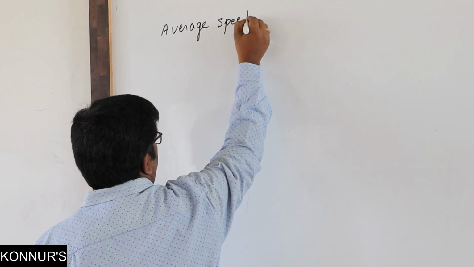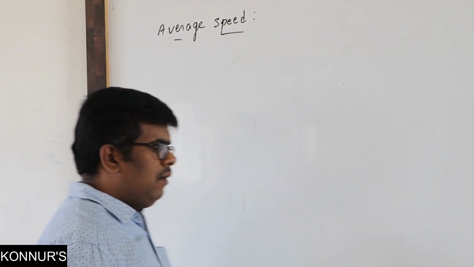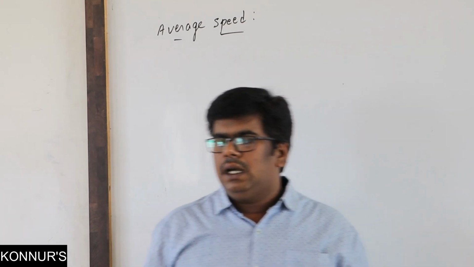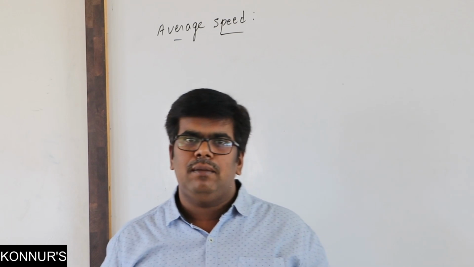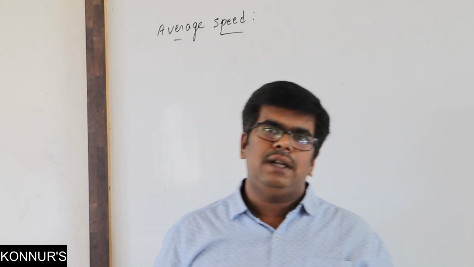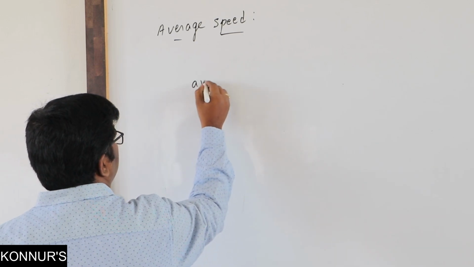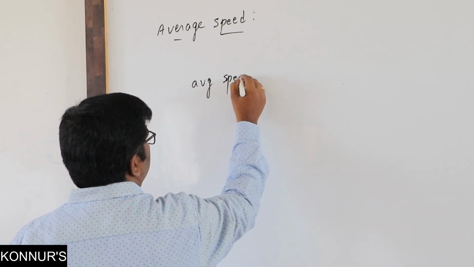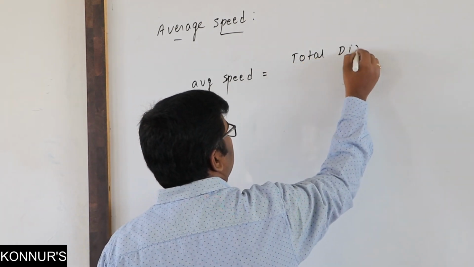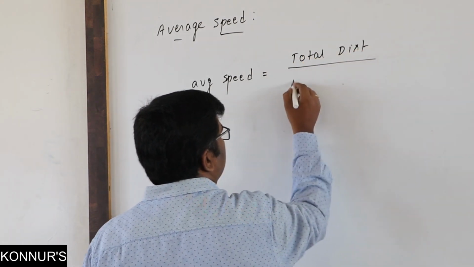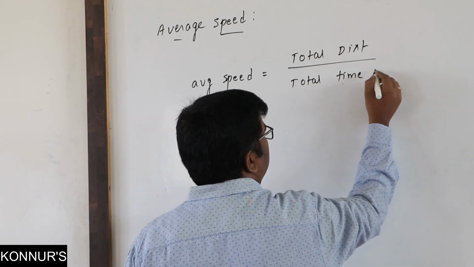Average speed: average means the total distance traveled by the body over its total time interval. So average speed is the total distance traveled to the total time.